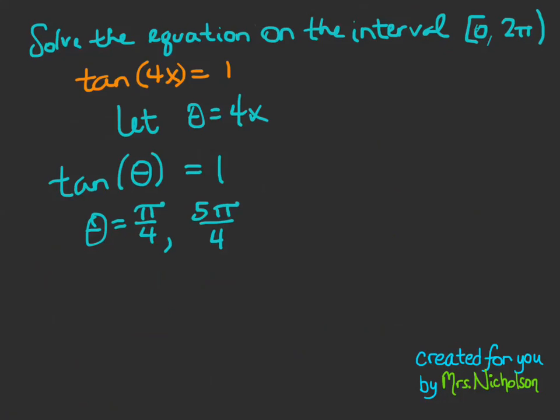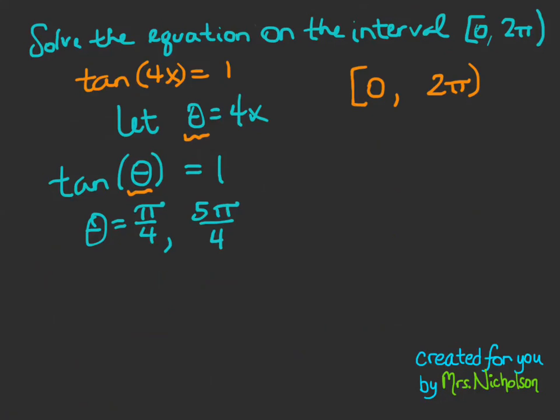I was given the interval 0 to 2 pi, but this interval, 0 and 2 pi, those are x numbers. Those represent x's for my original equation. And I'm solving an equation that involves theta, and I've said that theta is equal to 4x.